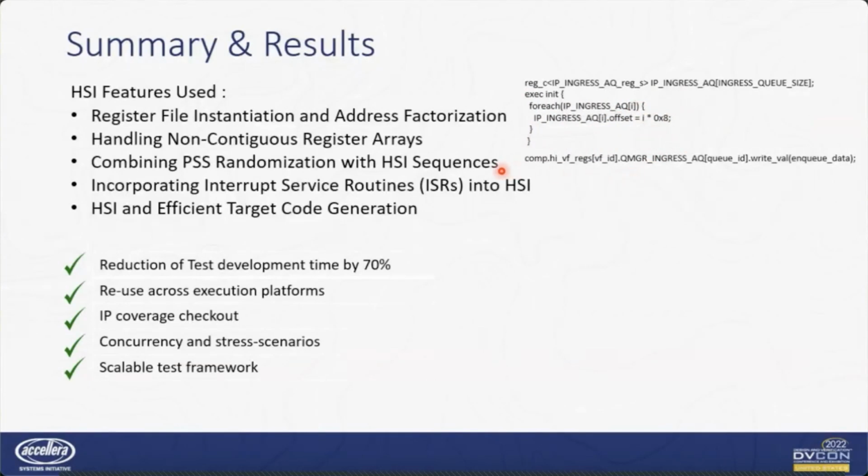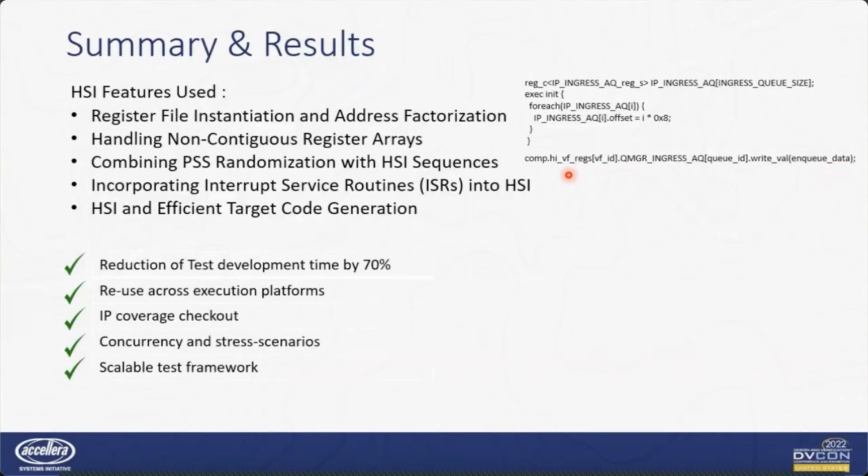Similarly, we did something like combining PSS randomization with HSI sequences. So we had a line like this in our exec body, where VFID and QID are randomized by your PSS tool, and based on these randomized values, the eventual register to which your data will be written is populated.